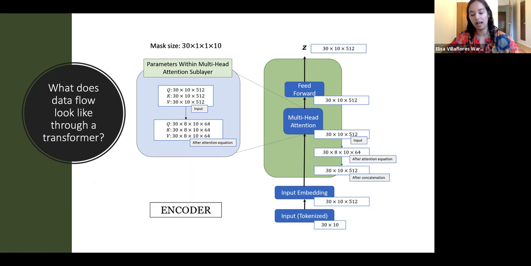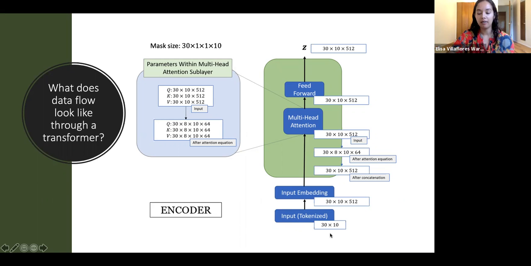They basically have a notebook of a transformer. It's their own version that they made. And in this example, they had 30 training sentences, and each sentence was 10 words long.